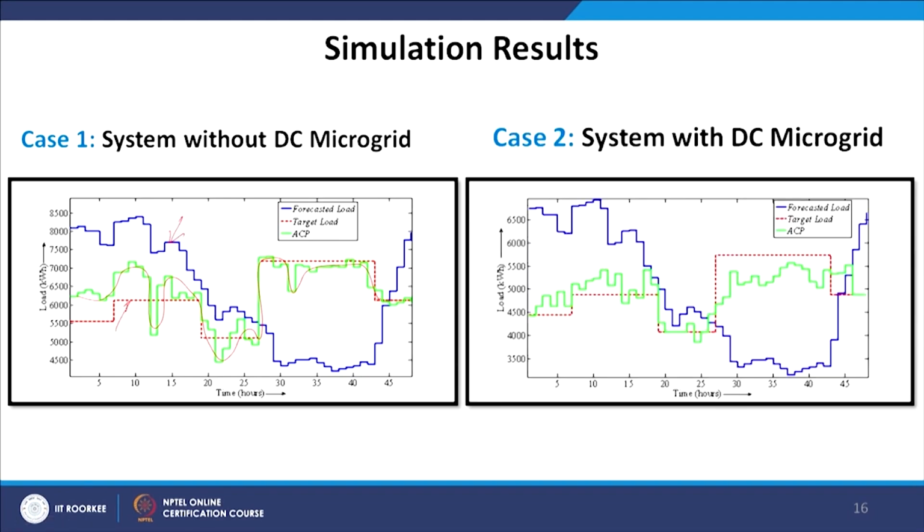And when you actually have a DC microgrid in place, the load characteristic is slightly different, and it has been claimed that the peak requirement of the utility having a microgrid in place is reduced compared to a DSM activity on a utility without a microgrid in place.